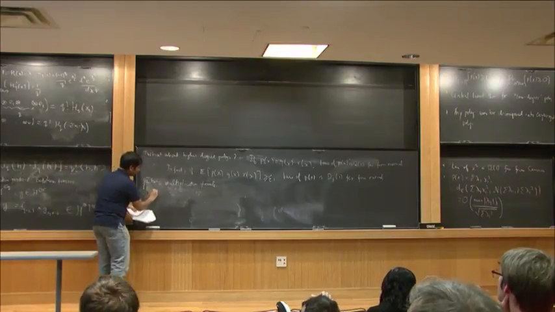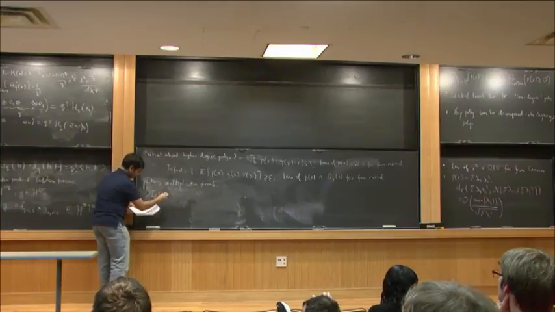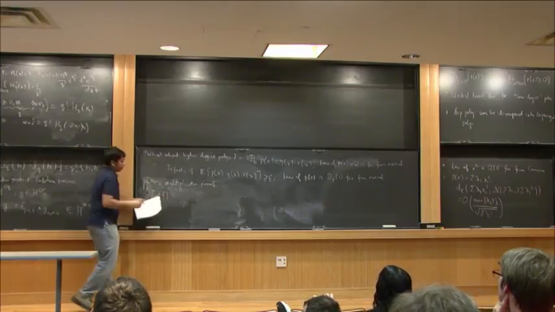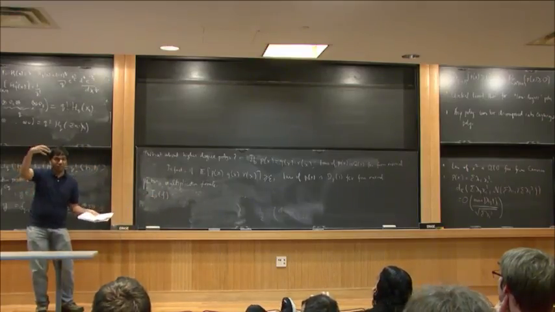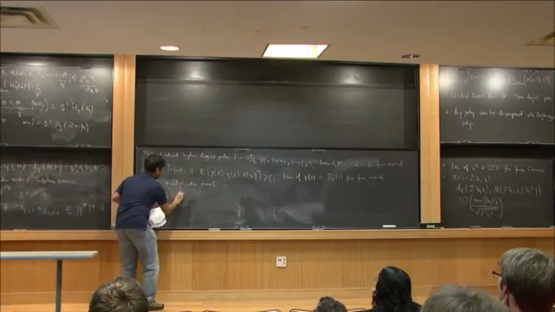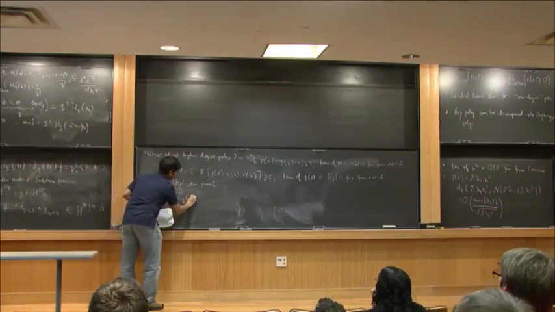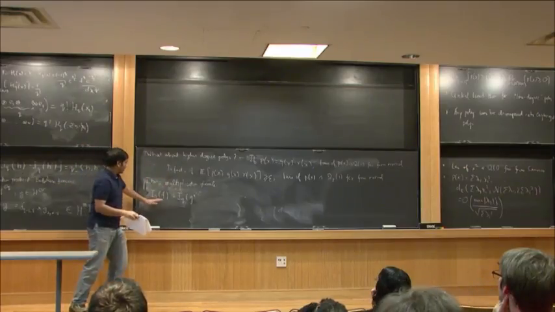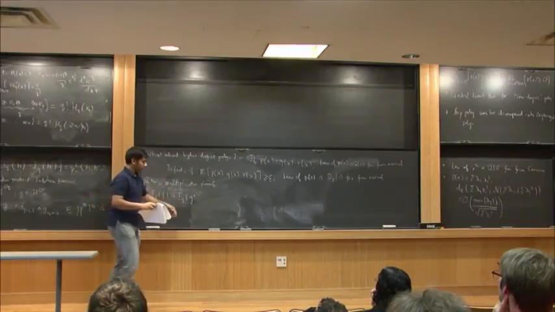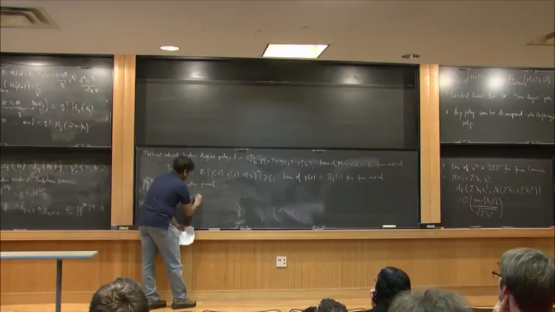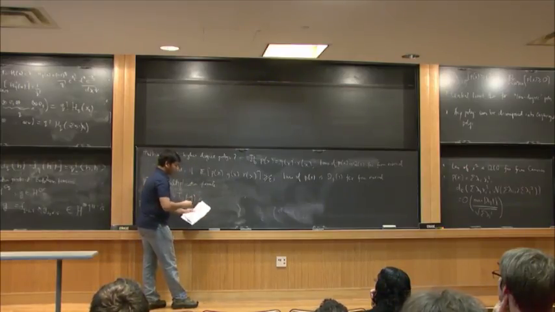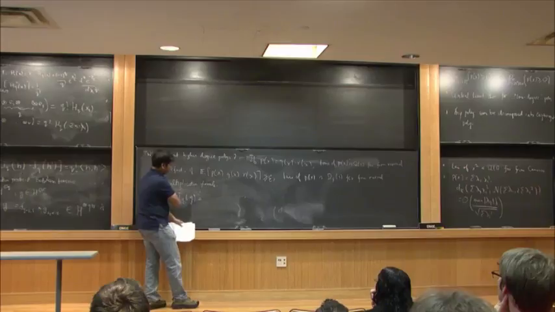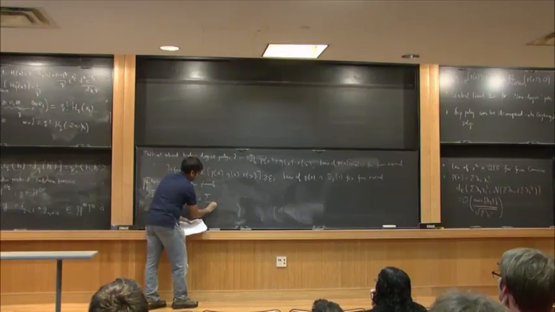Consider I_p of f, where f is a tensor and I_p of f is the corresponding polynomial, and consider I_q of g, where g is a tensor and I_q of g is the corresponding polynomial. So this is a degree p Hermite polynomial, and this is a degree q Hermite polynomial. I want to express their product in terms of the operations on the tensors.